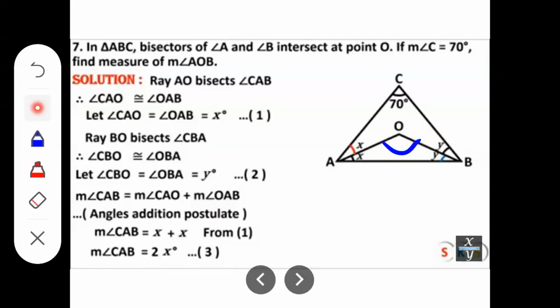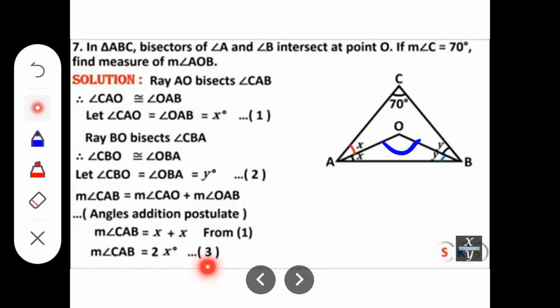That is equation 2. In the third equation, take the complete angle CAB, equal to those two angles, and put the value of each one, x plus x, together 2x.